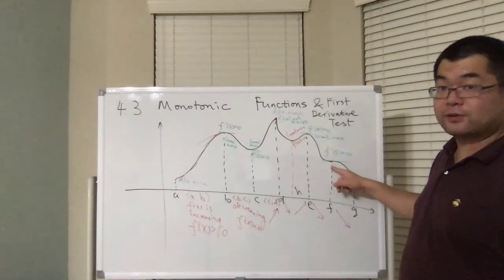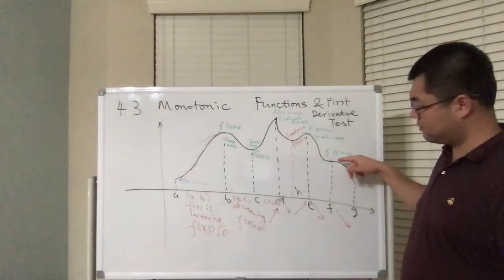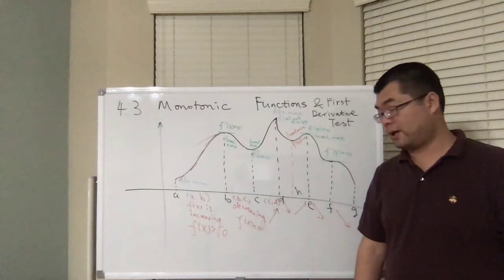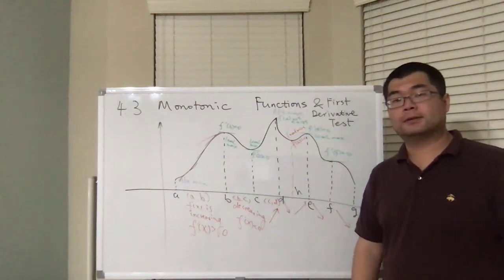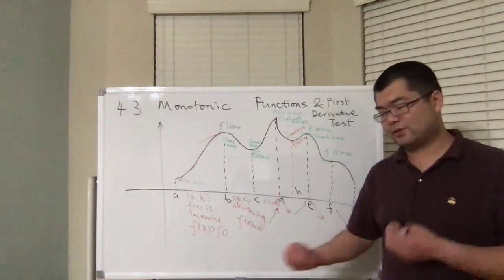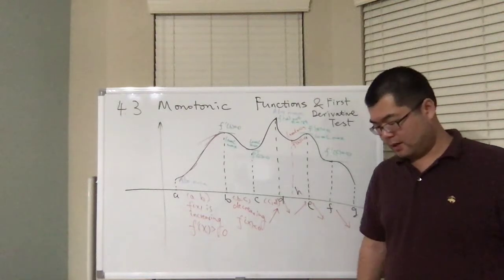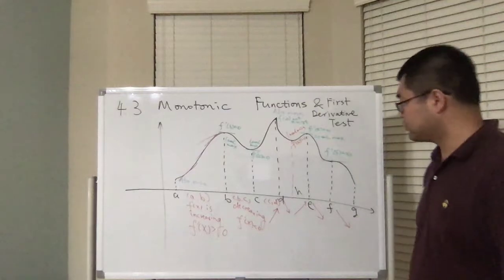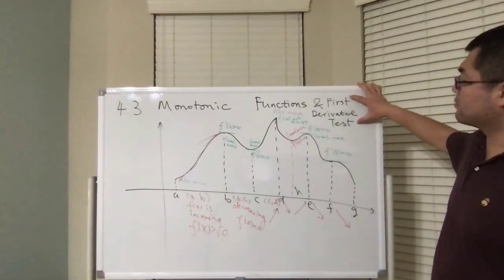And for here, you can see that it's decreasing, then decreasing, so there is no local extreme value there, because there's no change in the monotonic property. So that's the basic idea of the first derivative test.